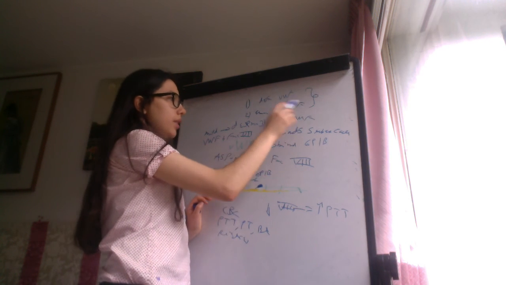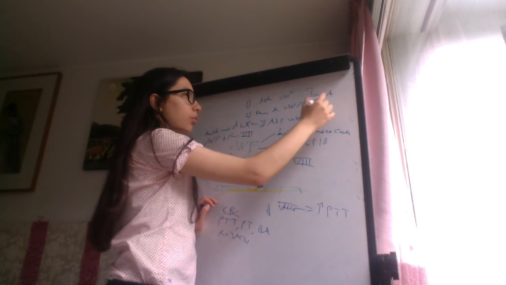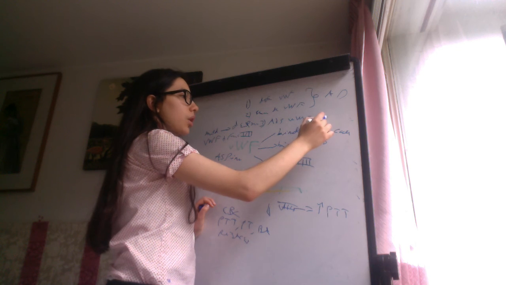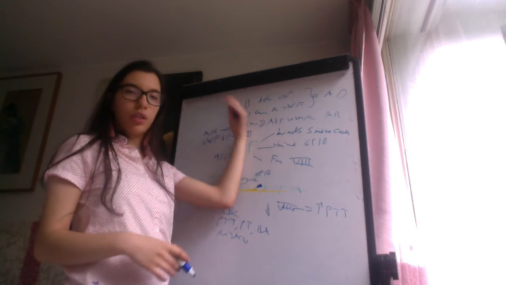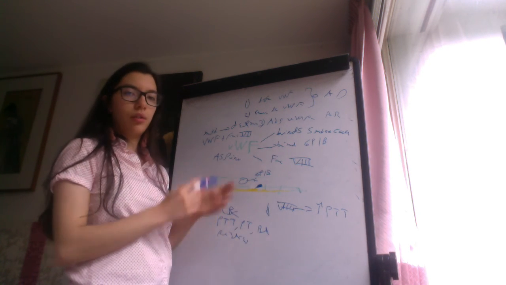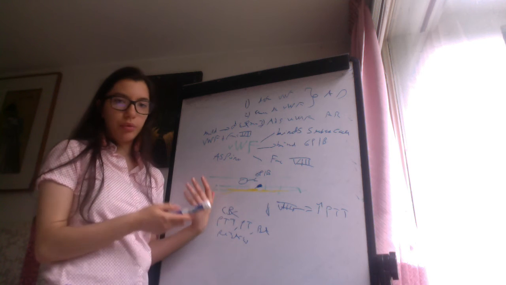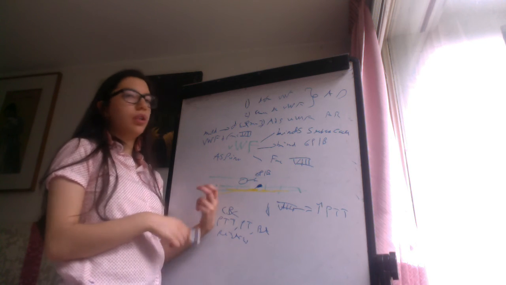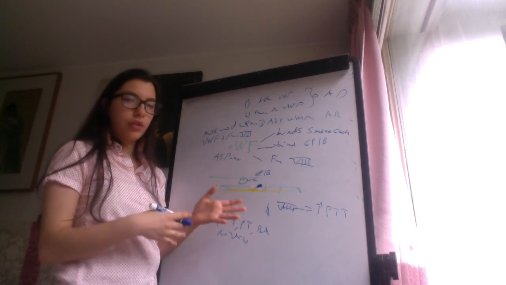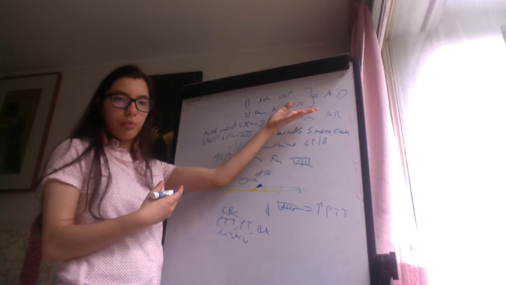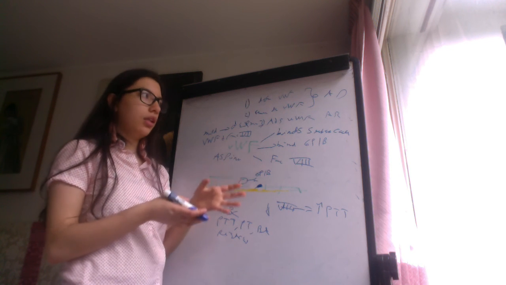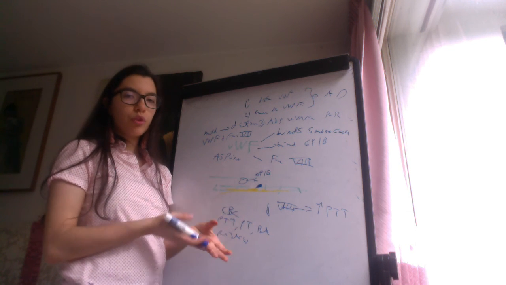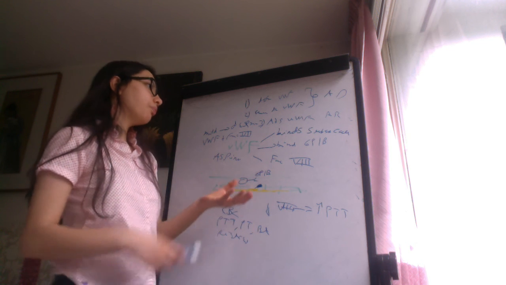The first and second types are autosomal dominant, and the other is autosomal recessive, but the most common is the autosomal dominant disease. So the patient will have a family history, and could be either women or men, because this is an autosomal dominant disease, that is in an autosomal chromosome, not a sex chromosome.